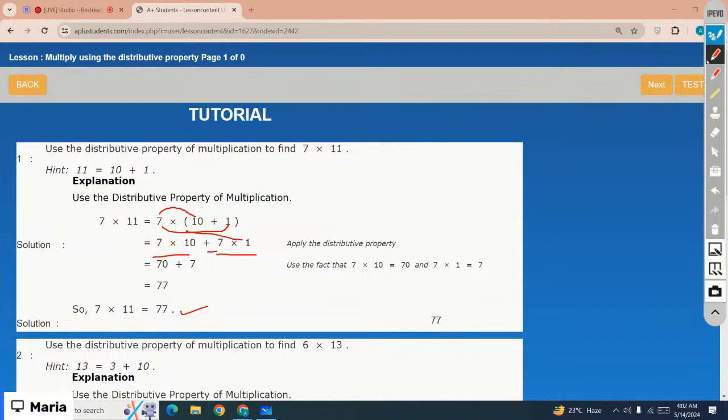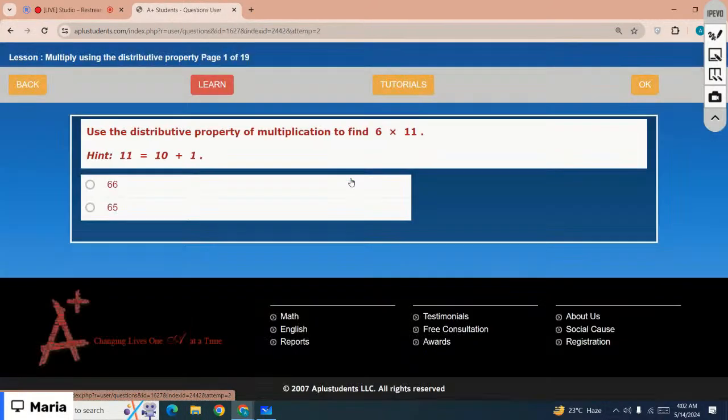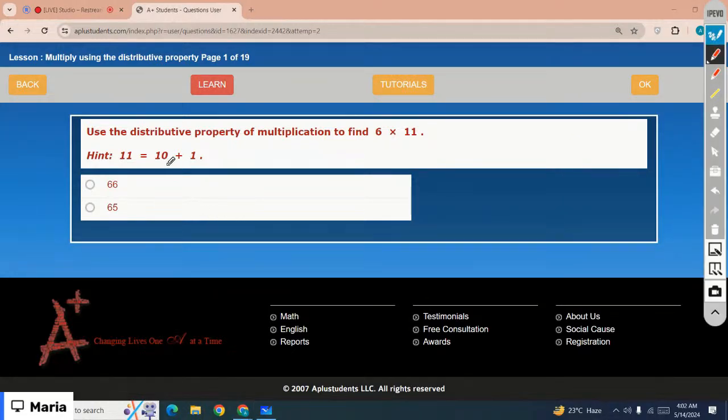Okay, let's just start with the test questions. Use the distributive property of multiplication to find 6 times 11. You have to write 11 as 10 plus 1, right? Replace the 11 by 10 plus 1.